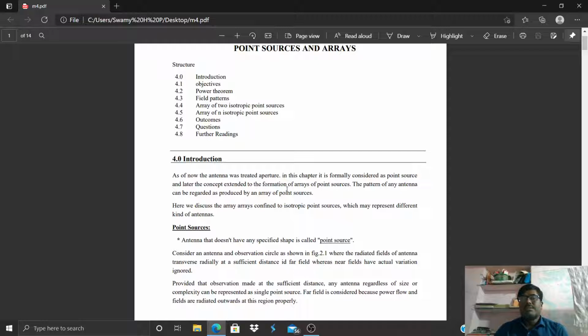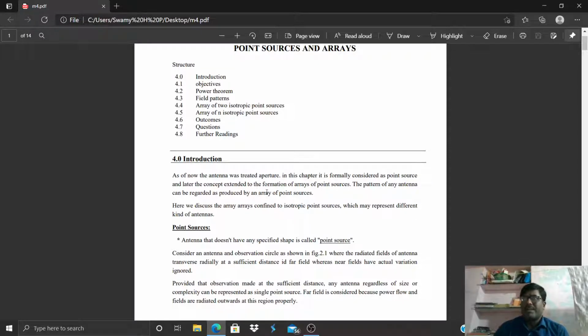The pattern of any antenna can be regarded as a field pattern. You have studied in the first chapter, module number 3, the field patterns and radiation patterns, in which you considered the major lobe and minor lobe.